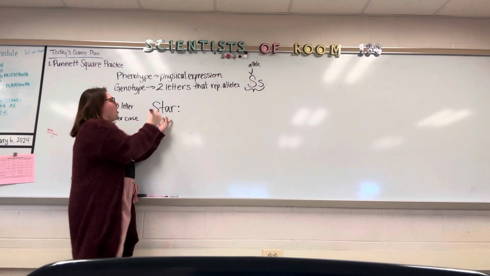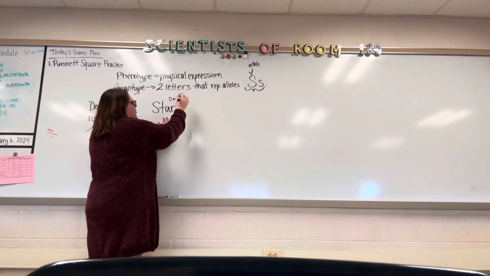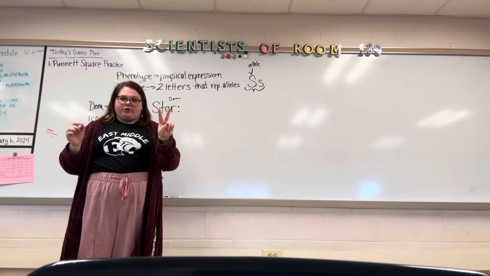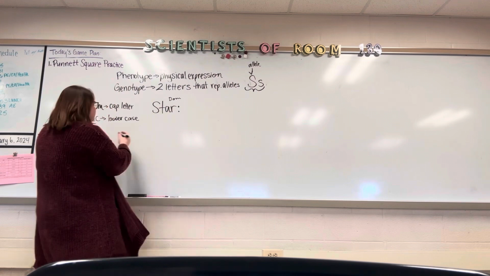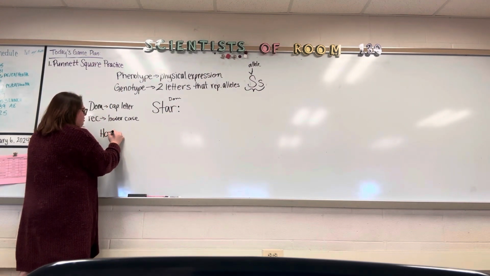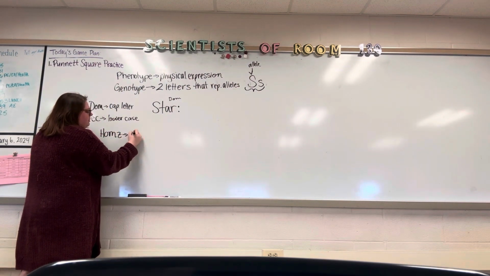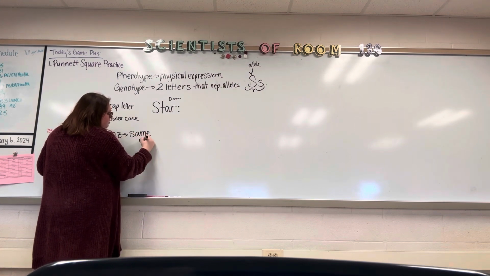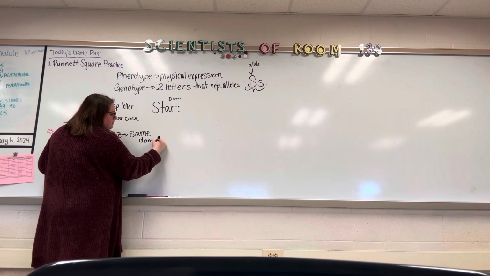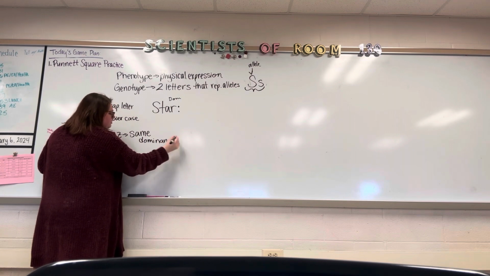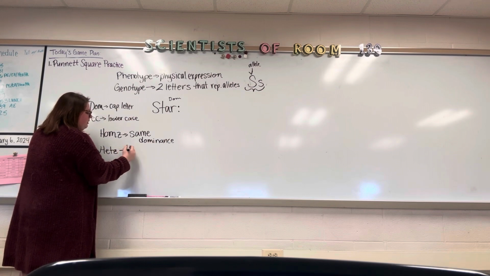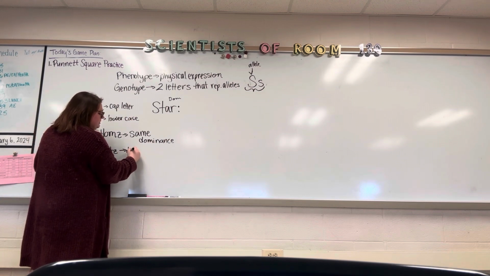So having a star, we know is dominant. We have 2 options. We have a homozygous option and a heterozygous option. Homozygous means same dominance. Heterozygous means different dominance.